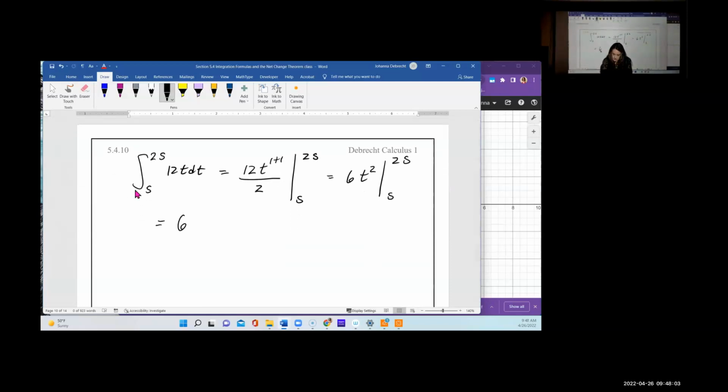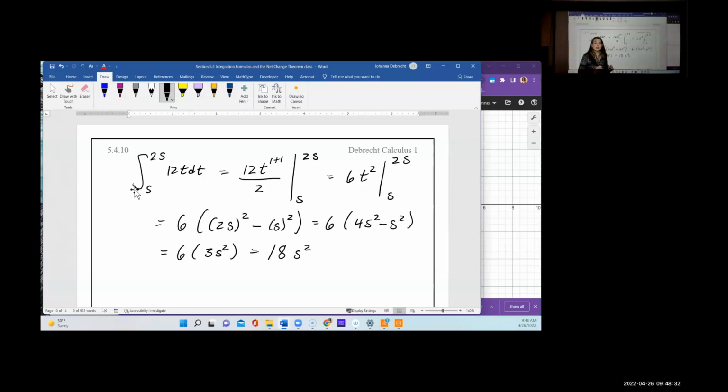So this gives me 6 times 2S quantity squared minus S squared, which gives me 6 times 4S squared minus S squared, which gives me 6 times 3S squared, which gives me 18S squared.